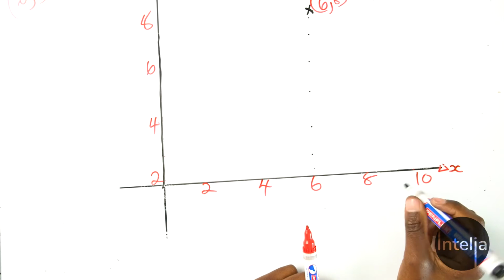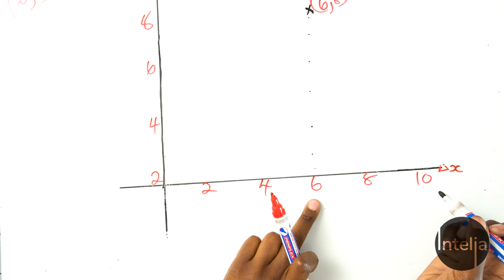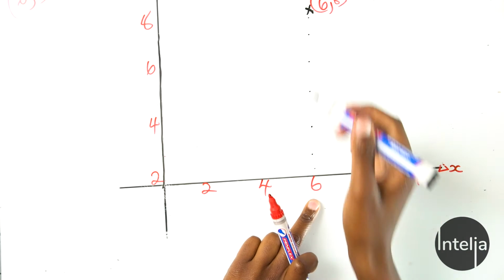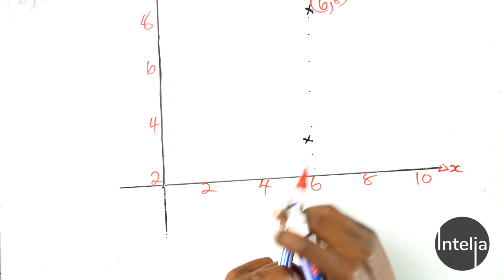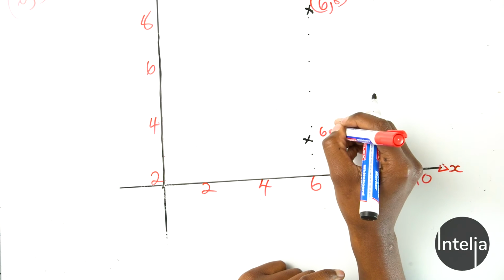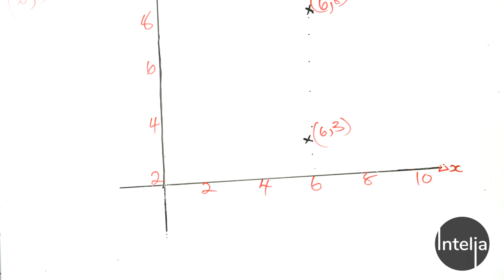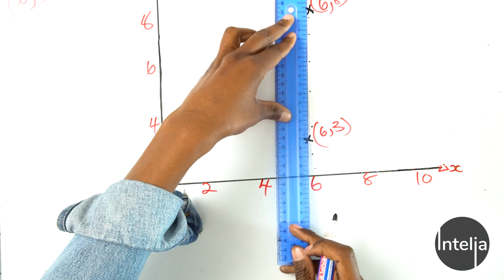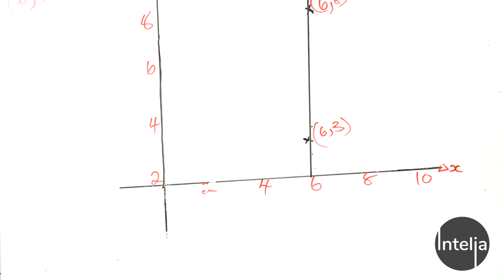And 6 on the x-axis and 3 on the y-axis, that's here. So that's the point (6, 3). So your line is vertical like this.